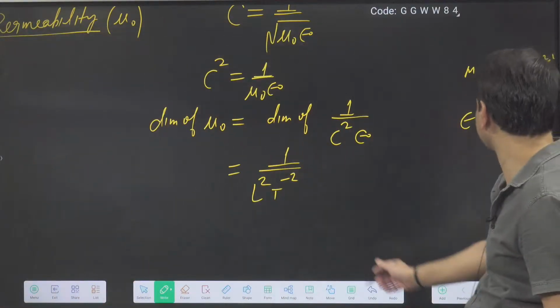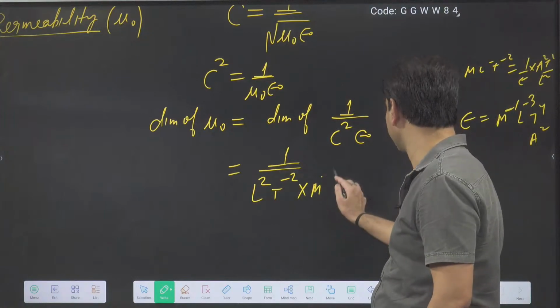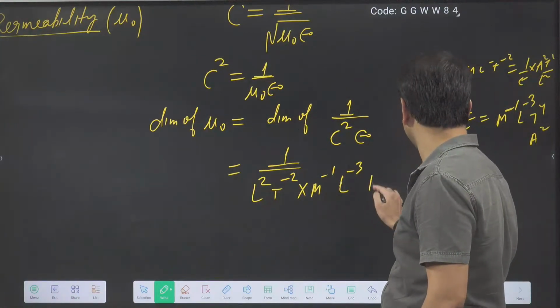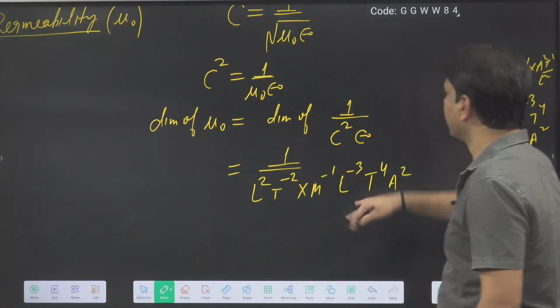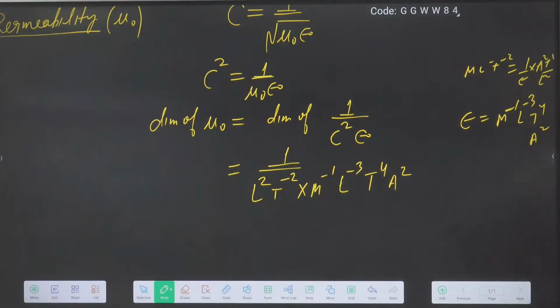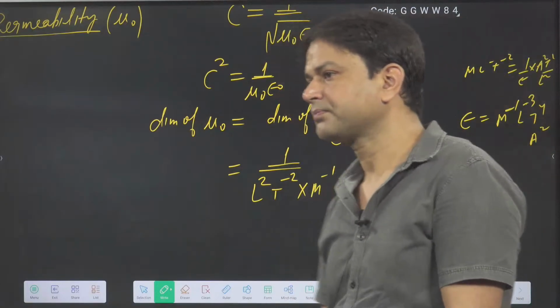That is the dimension of epsilon. Now you can put here M minus 1 L minus 3 T to the power 4 A square. Now shift this in the numerator, and you will get the dimension of mu naught.